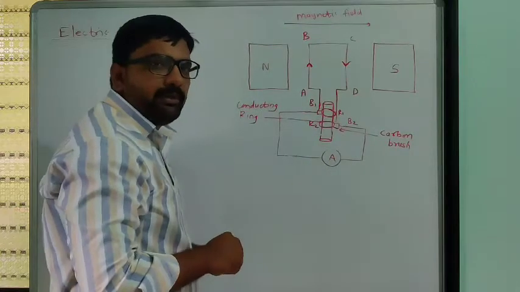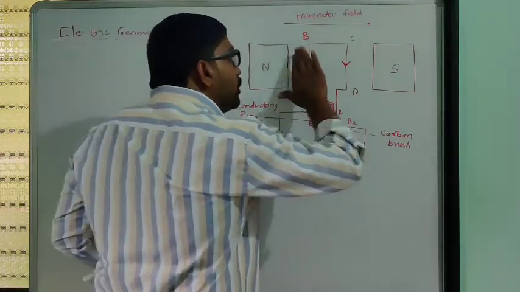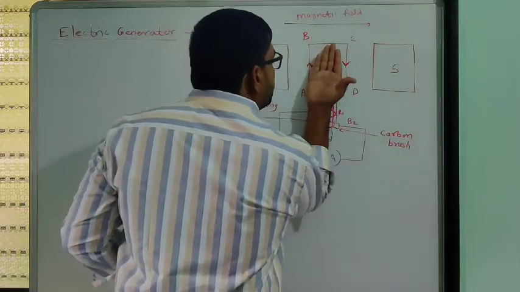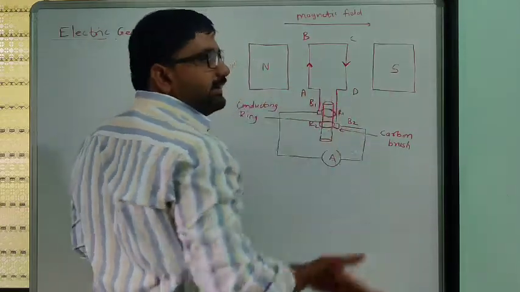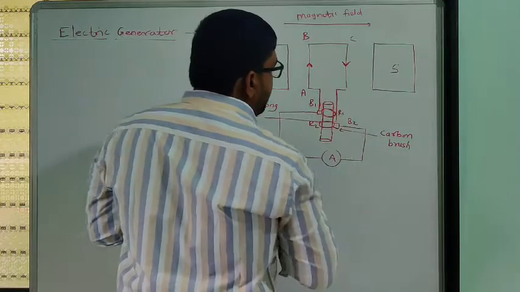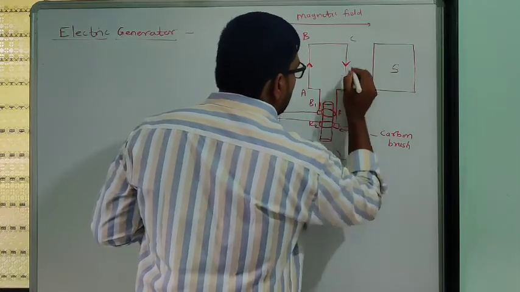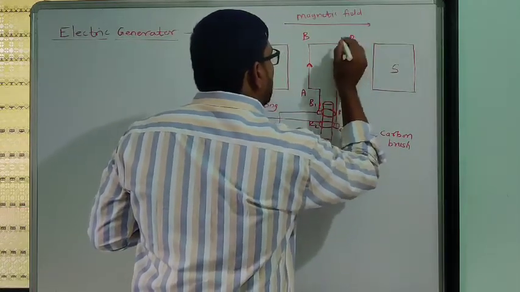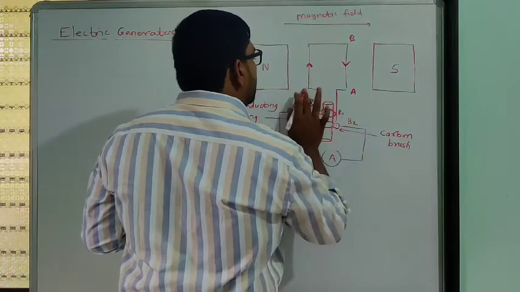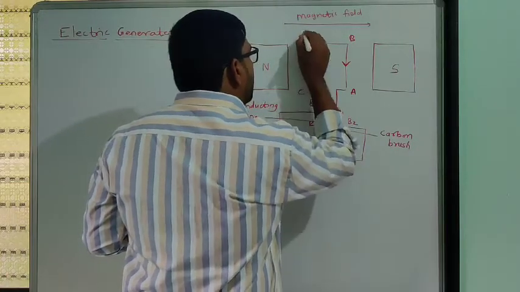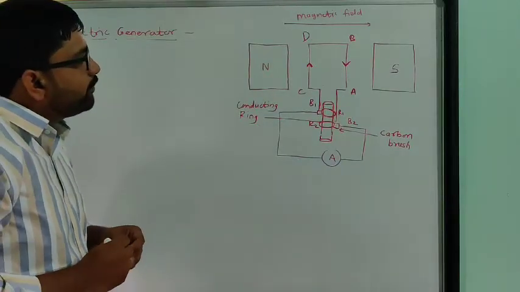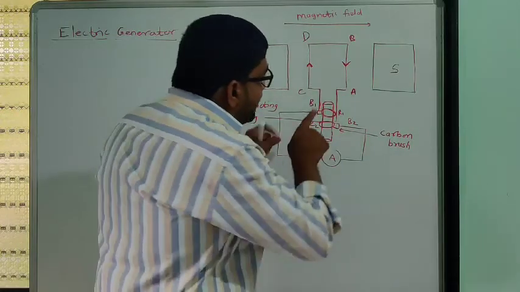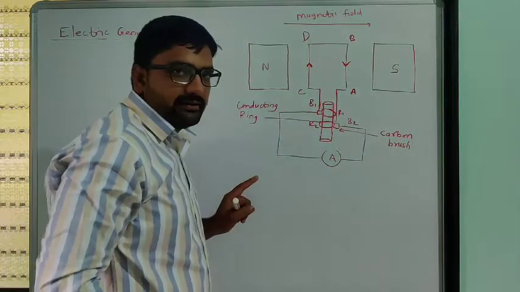As one half rotation is done here, the sides AB and CD get interchanged. So AB will come here and CD will come here.